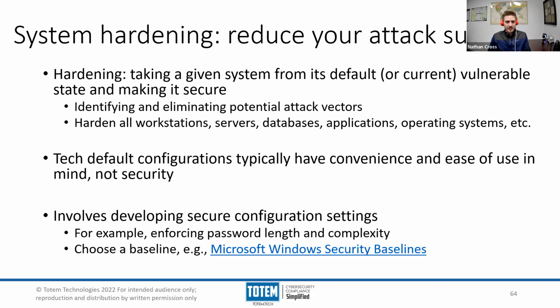This is where you can identify your scope, so you should know what you need to be hardening. Refer to your system inventory spreadsheet to know what you should be hardening.